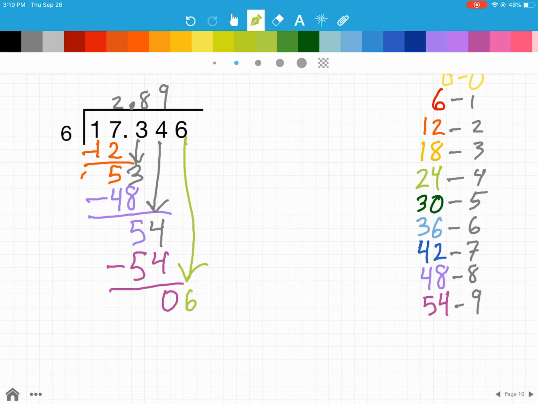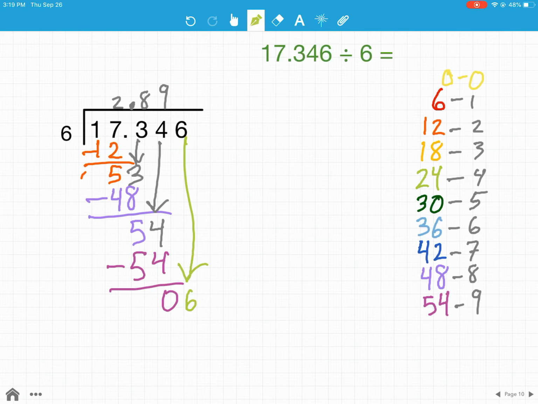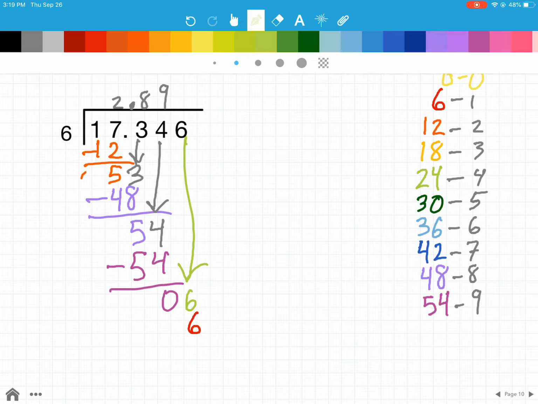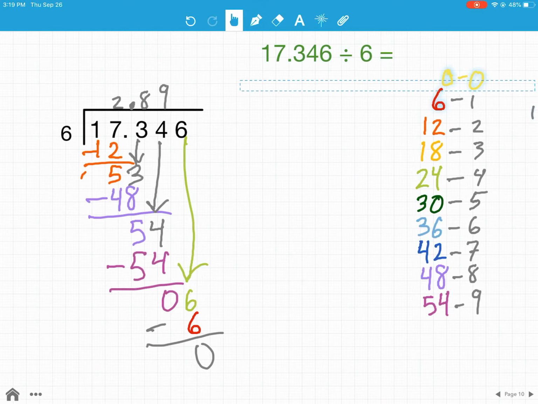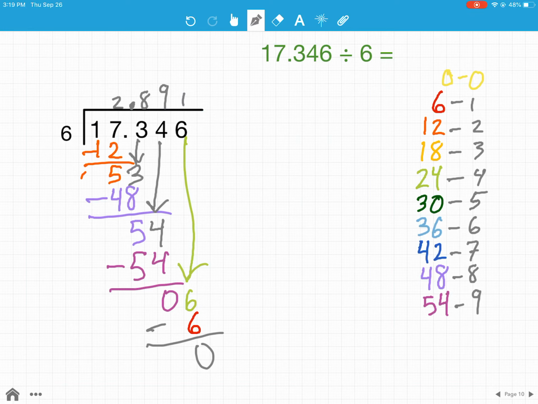Our 6 is closest to 6, so we are going to use our skip counting of 6 to subtract. We get a 0 there, and we are going to use the 1 in our quotient. So our answer here is 2 and 891 thousandths.